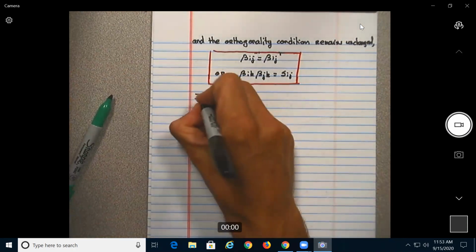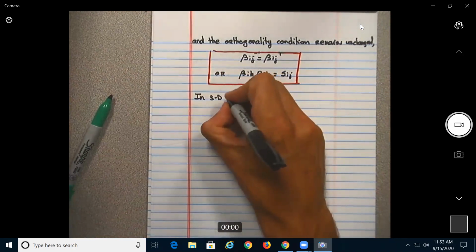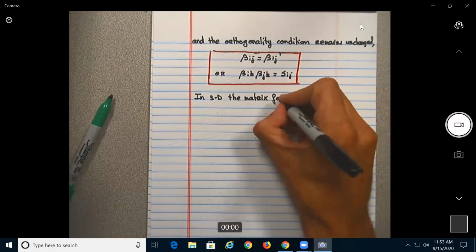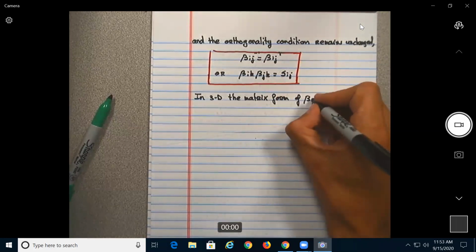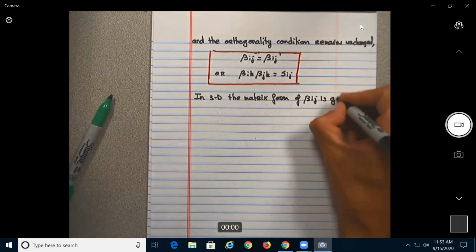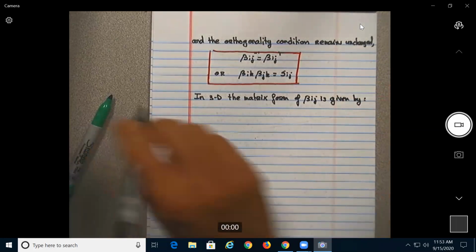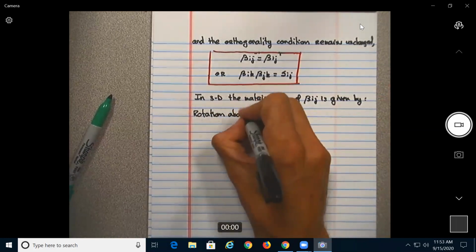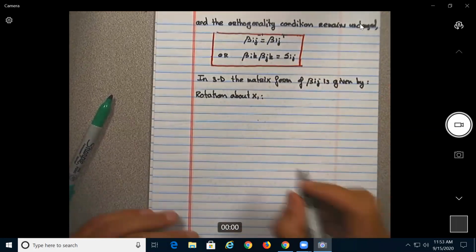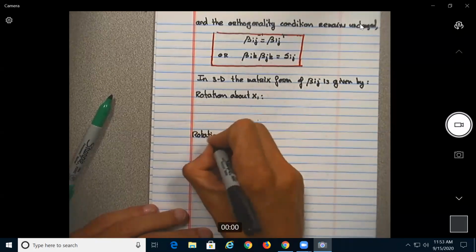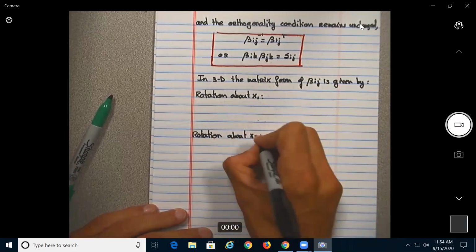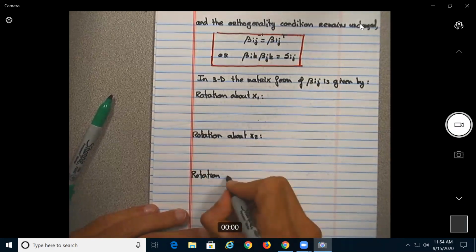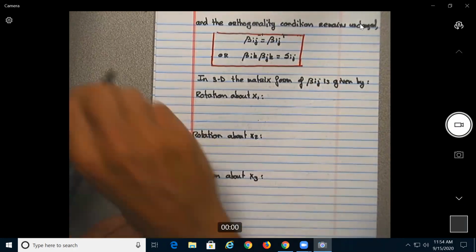So in 3D, the matrix form of beta ij is given by, so let's see, first we're going to do our rotation about x1, then we're going to look at rotation about x2, and then we're going to look at rotation about x3.